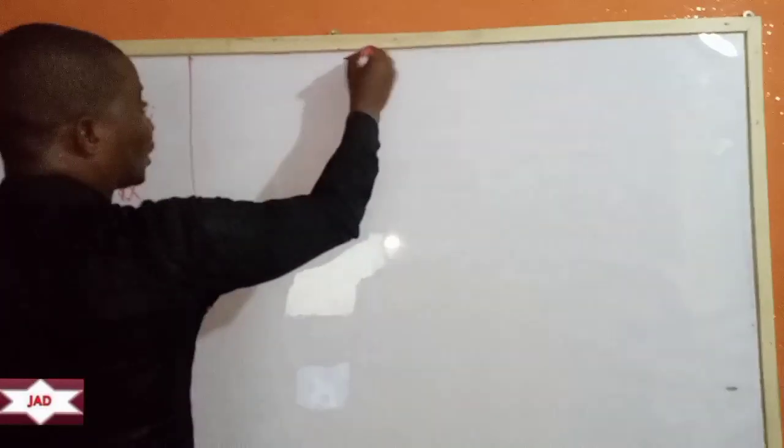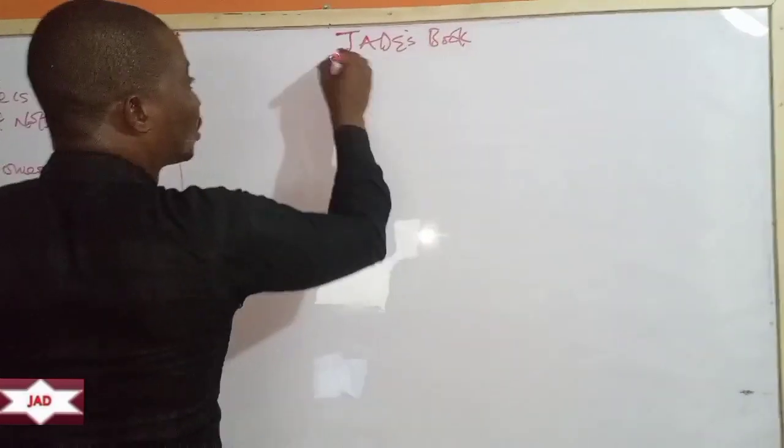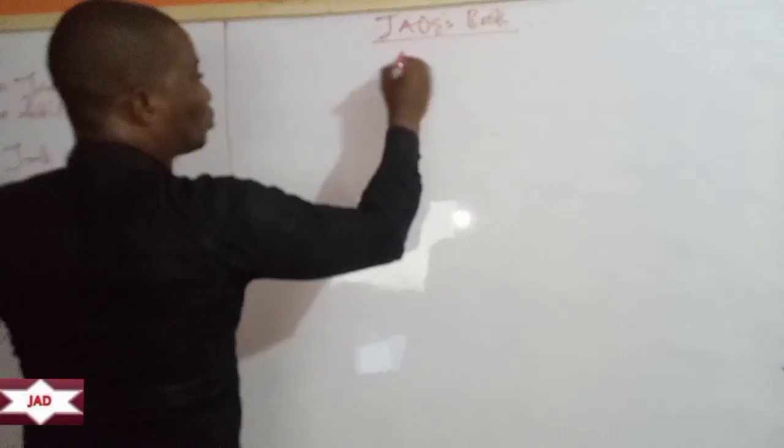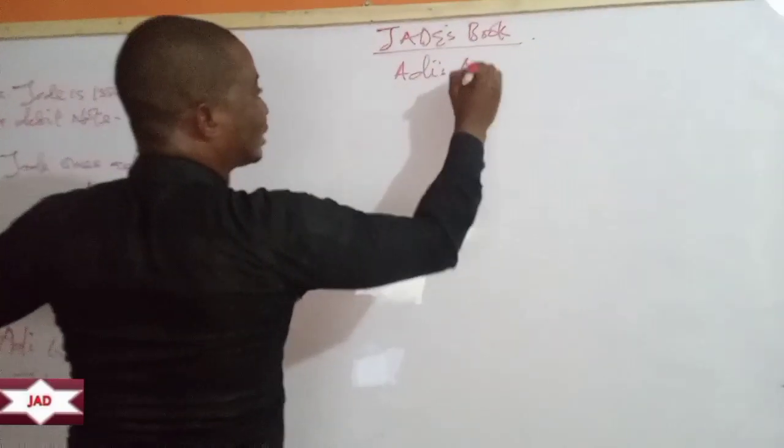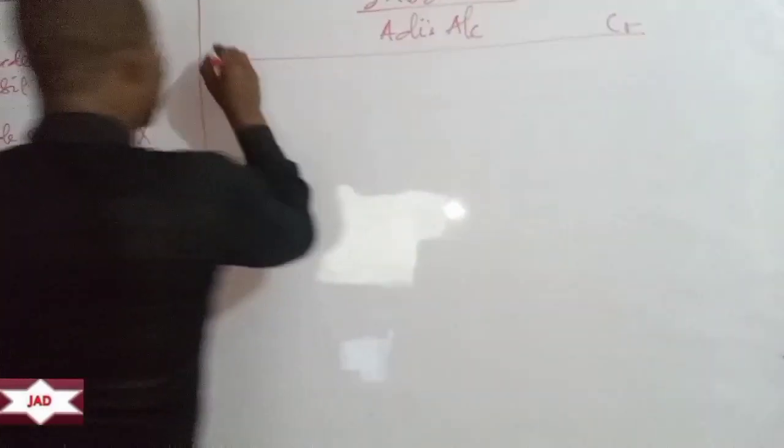They've already given us the account there. So this is Jade's book, and it's going to be Adi's account. They've given us a format, so we're going to follow the format.